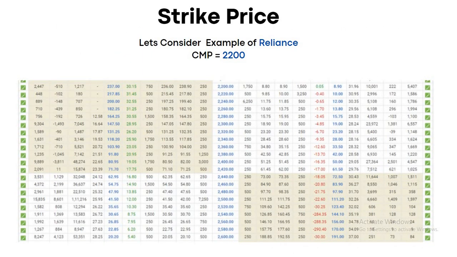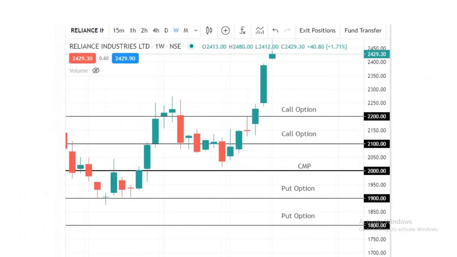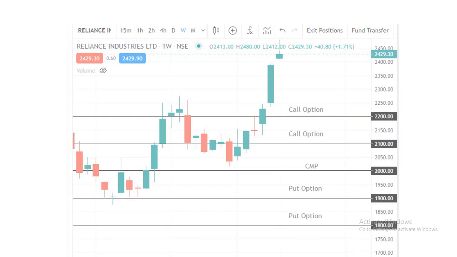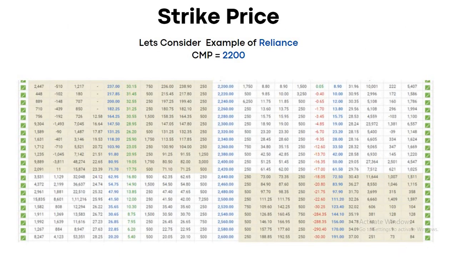So the next thing is, you guys might get a question: in this chart, will the difference between the strike prices always be 100? No, it will not be like that. Here is a screenshot that I have taken from the NSE website, and don't worry guys, I will also make an in-depth video on how to use the NSE website and what is an option chain.